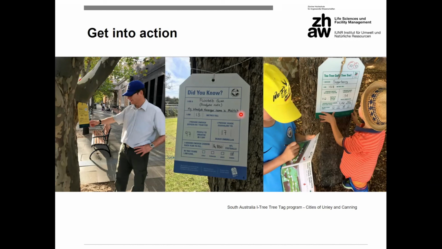And it's pretty simple to look at. You see what this particular tree is providing year by year, and so you have kind of an understanding, or maybe a sensibilization for the trees in the city.